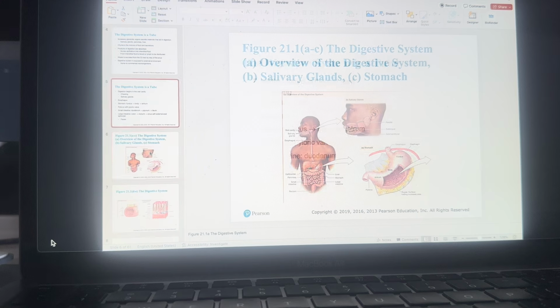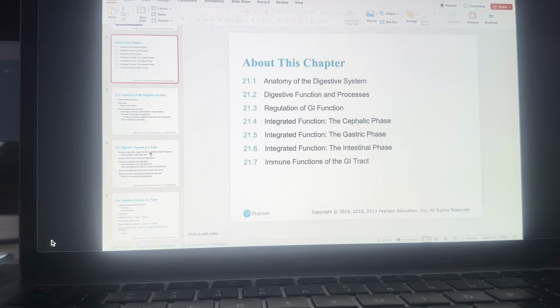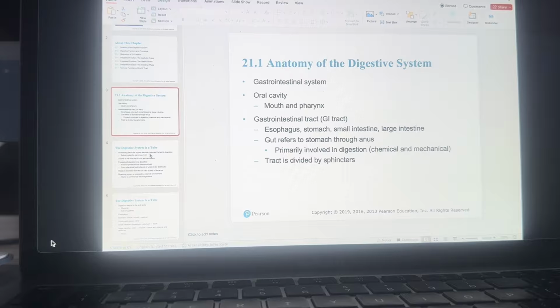It has both mechanical and chemical processes happening. And along the entire tube, what is called your gastrointestinal system, you have these little stops called sphincters, where they stop the bolus of food. It's like a gateway that it has to go through before it goes to the next process.